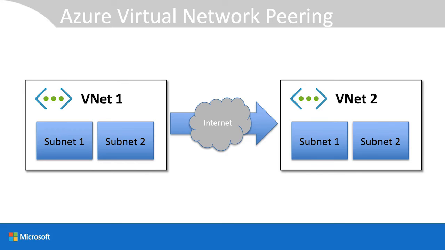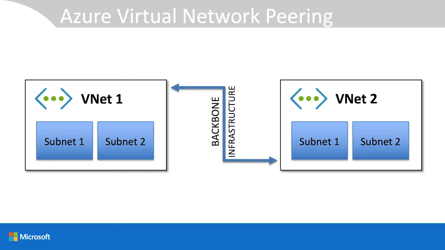Now, if I want to avoid that, I can use a feature called VNet peering to connect my virtual networks. When you use VNet peering, traffic between the VNets travels over Microsoft's internal backbone infrastructure, and that means that I get low latency and high bandwidth between my VNets.